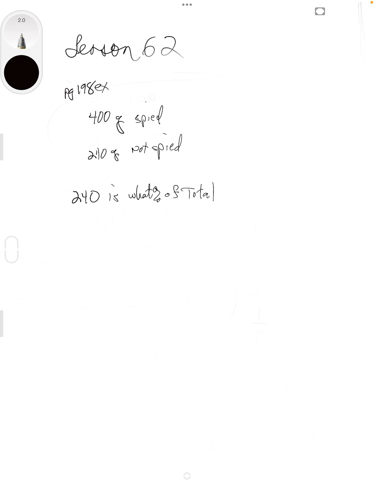Okay, well, do you notice? Blank of blank is blank. Okay, do we know the total? Sure, if there's 400 spied and 240 not spied, we know the total is 640. So we have 240 equals x, the one we don't know, times 640.